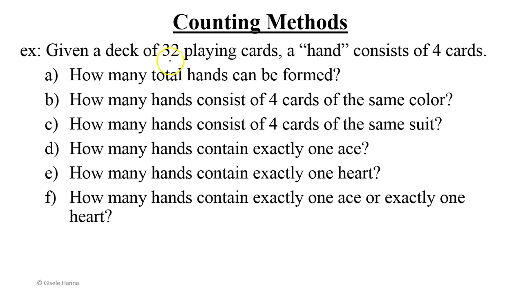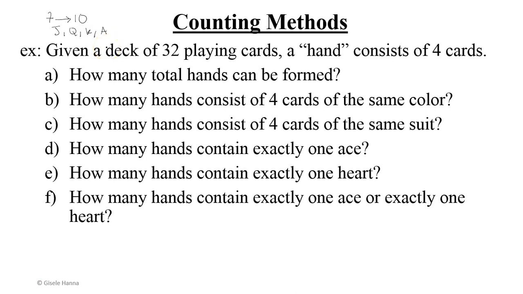A deck of 32 always consists of the cards from 7 to 10, in addition to the Jack, the Queen, the King, and the Ace. From 7 to the Ace, that's a total of 8 cards, and with 4 suits, that's 8 times 4, which is 32.